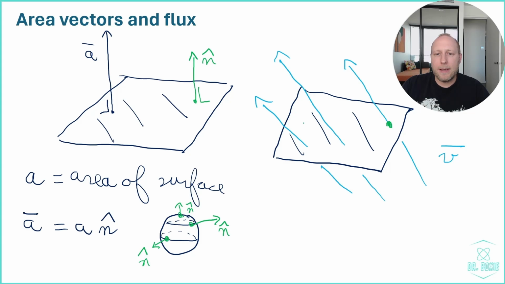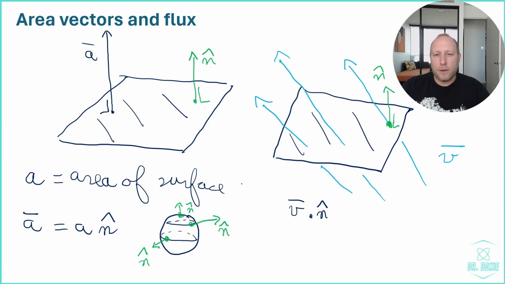So if we look at this point and we want at that point to calculate the component of V perpendicular to the surface, we need to draw the normal vector at that point. So here is n hat. It is perpendicular to the surface. And if we then consider the quantity V dot n hat, that is the component of V in the direction perpendicular to the surface.